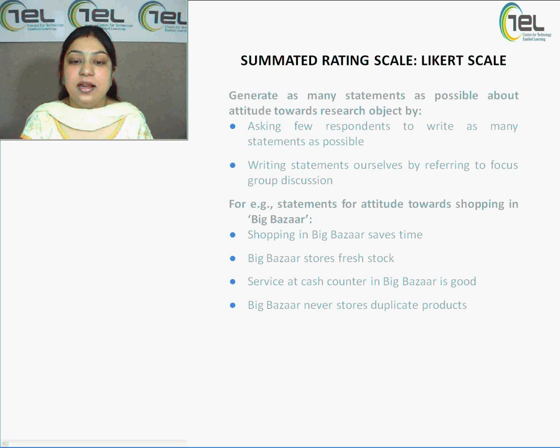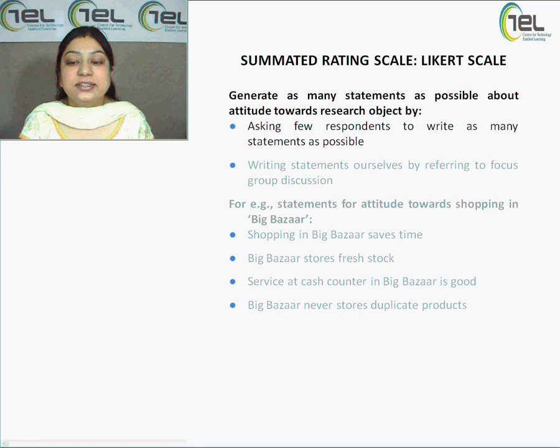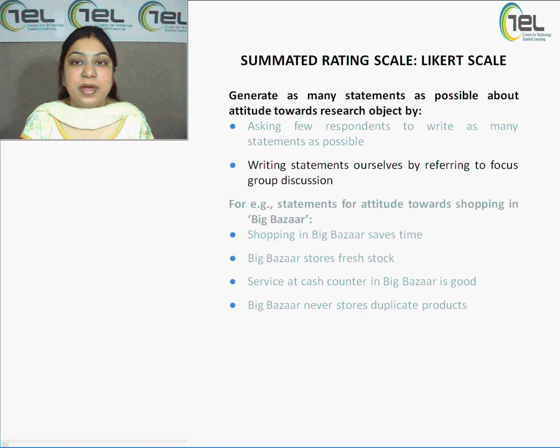In the Likert scale, we generate as many statements as possible about the attitude towards the research object, by asking a few respondents to write as many statements as possible, or by writing statements ourselves by referring to a focus group discussion.